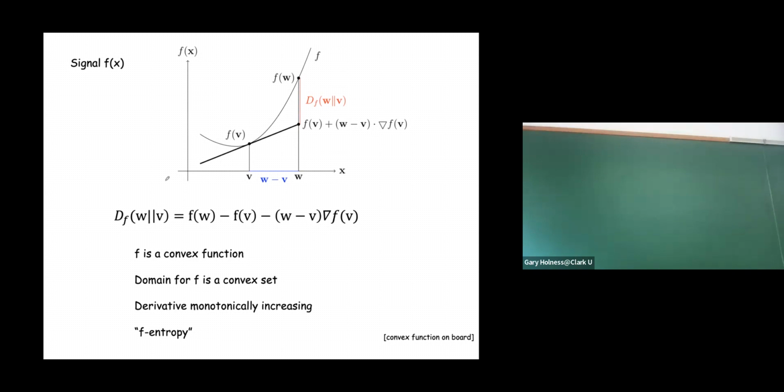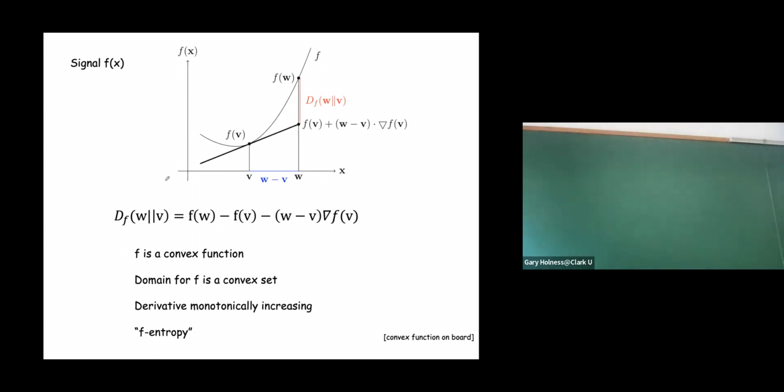So now, if we evaluate f on alpha a plus 1 minus alpha b, this is nothing more than a point on the curve. That makes sense?